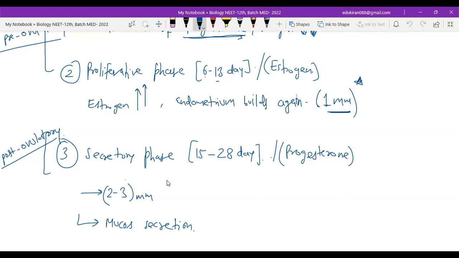Stress is a very common reason in today's life, where females either skip the menstrual cycle, or the cycle which should be of 28 days becomes 30, 35, in some cases even 40, 45 days. In that case, the endometrium becomes very thick, and when the menstrual flow starts, it is also very heavy for those females. You understand?